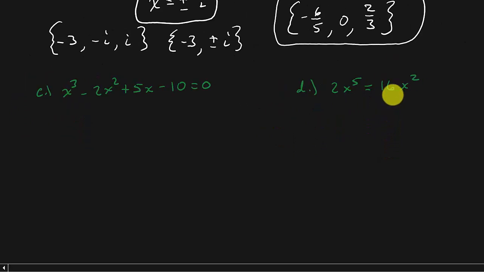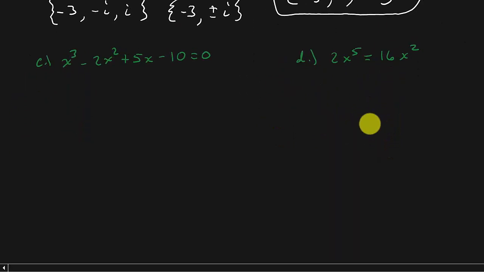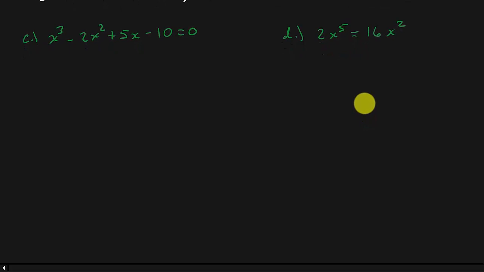All right, so what about this one? Once again, I have 4 terms, right? So let's split it down the middle. And out of the first part, I can factor out an x squared, and that leaves me with x minus 2.